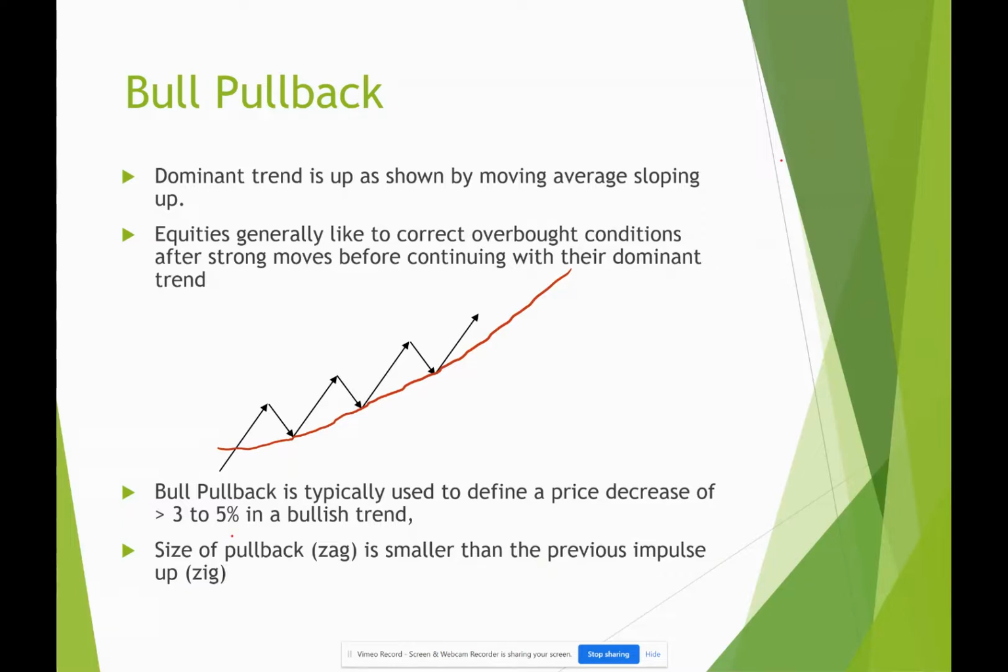So it's a zig and a zag, and usually this is going to be a pullback of anywhere from, let's just say, 38.2 to 61.8%. There's also another number in there, 50%. Those are Fib numbers, and they touch whatever moving average you're looking at. Those sizes are always going to be smaller than the previous impulse. So that's what a bull pullback is.